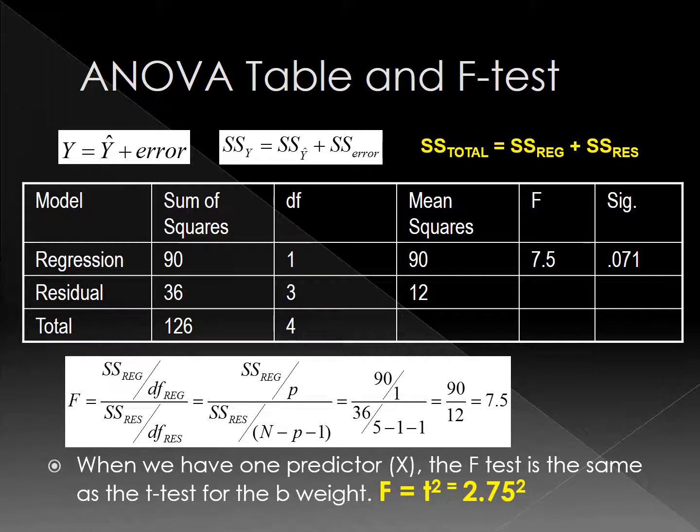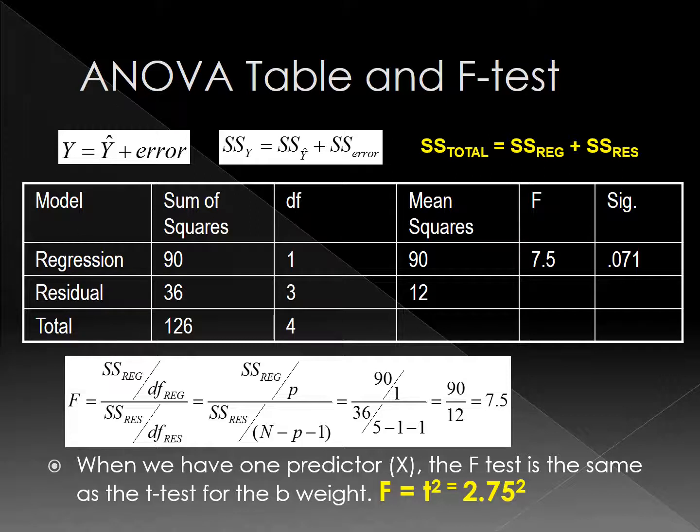It tells if X explains a significant amount of variance in Y. If we have just one predictor, this F-test is essentially the same thing as the t-test for the b-weight, because the t-test for the b-weight also tells us if x significantly predicts y. So when we have just one x, F equals t squared.